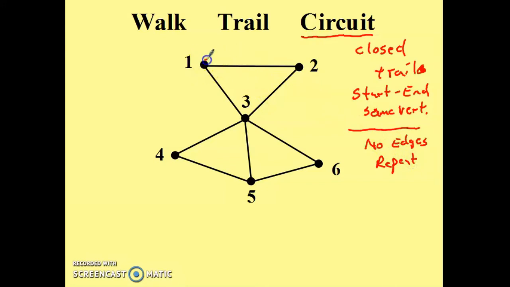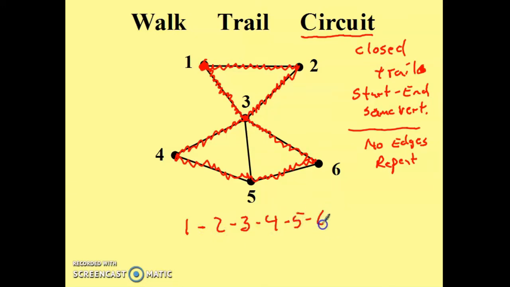So again, start here at 1. So I could do 1, 2, down to 3, over to 4, 5, over to 6, back up to 3, which is fine. I can go through the same vertex twice, and then up to 1, and I finish at 1. So 1, 2, 3, 4, 5, 6, 3, 1.